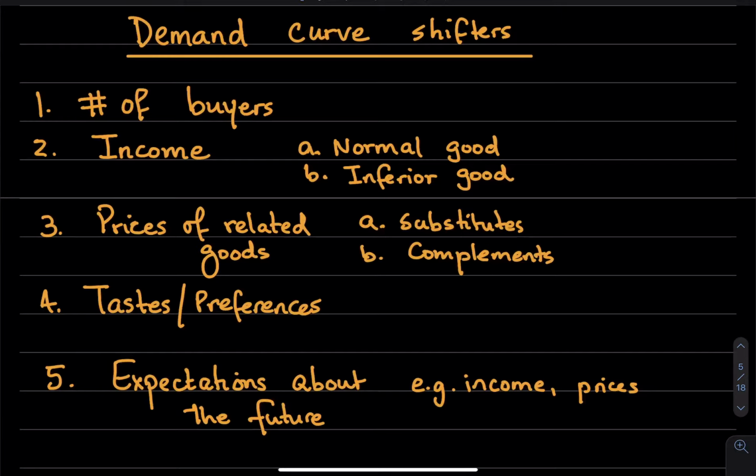We'll talk about income and two cases about normal and inferior goods. We'll talk about prices of related goods as being a factor that can shift demand, and tastes and preferences as another factor that can shift demand. And finally, expectations about the future, which could pertain to your income or future prices.